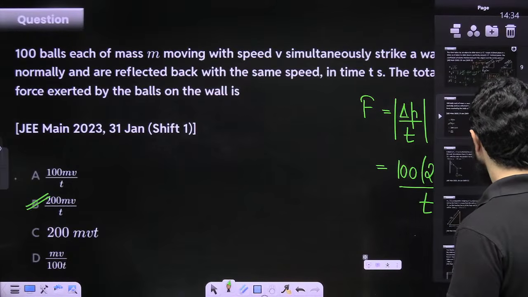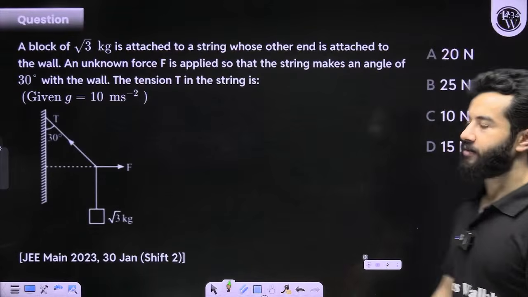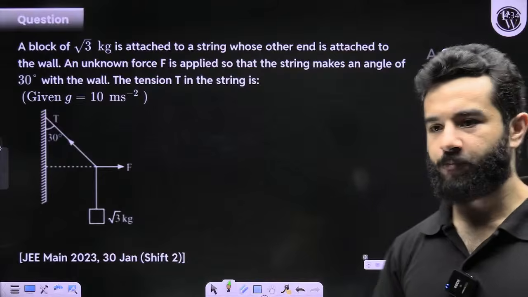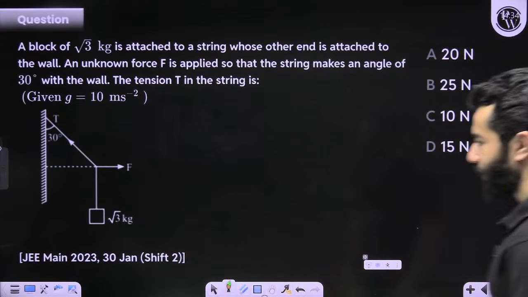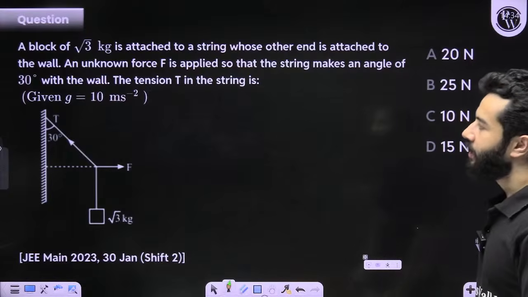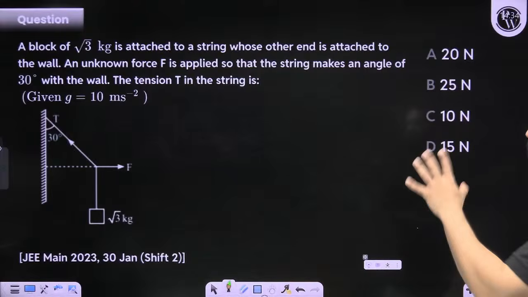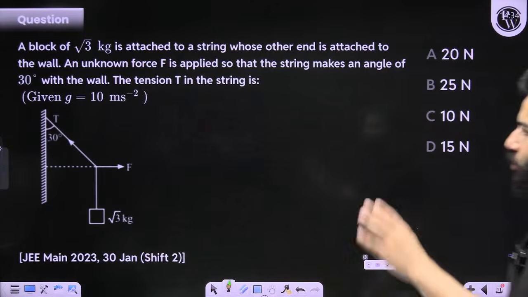If you are able to do this, let's also solve this question. Be quick. This is also a typical type of problem. They asked this in JEE Mains 2023. A block of mass √3 kilogram is attached to a string whose other end is attached to the wall.